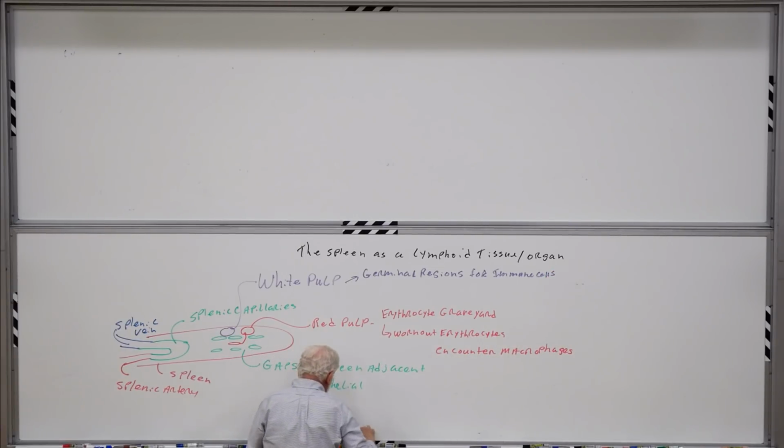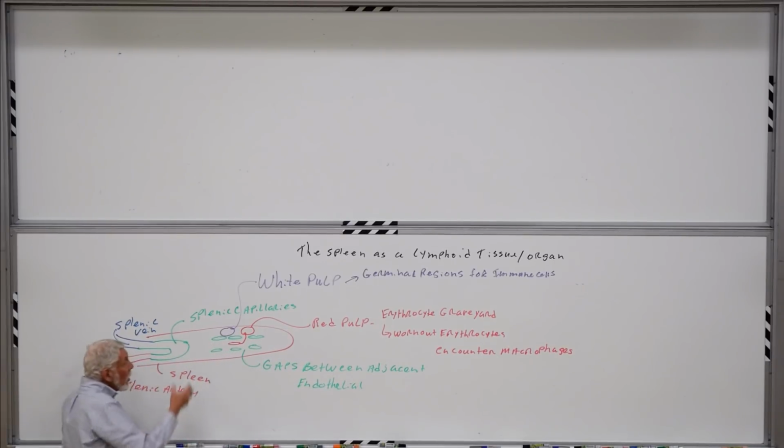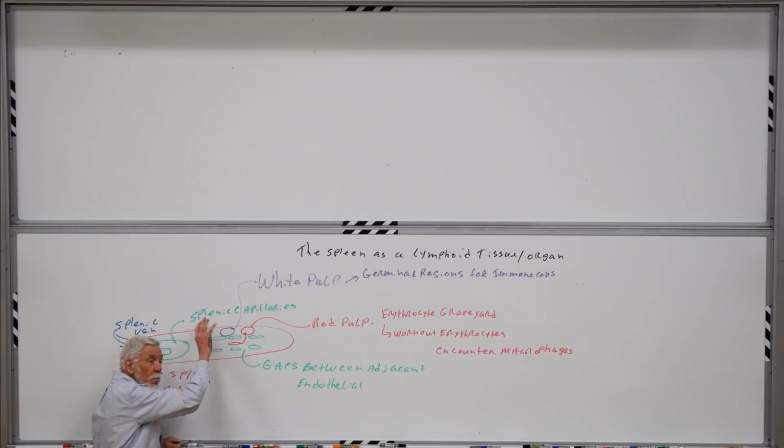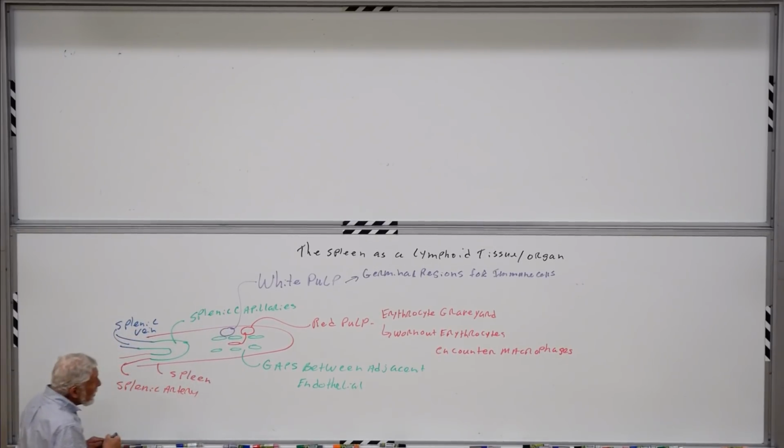So the body's immune cells are clustered in this white pulp, and these basically are leukocytes. But among these leukocytes will be T lymphocytes and B lymphocytes, macrophages, all manner of cells of the immune system, and dendritic cells.